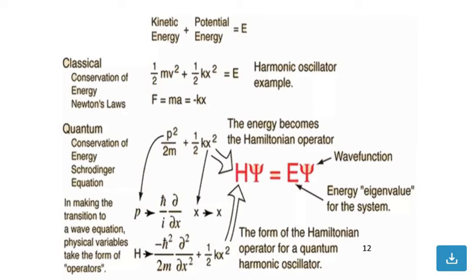Here you can see H psi is equal to E psi, where psi is the wave function and E is the energy eigenvalue for the system. Now p is equal to h cross by i times d by dx, and H is equal to minus h cross square by 2m d square by dx square plus half kx square. You know the form of the Hamiltonian operator for the quantum harmonic oscillator.